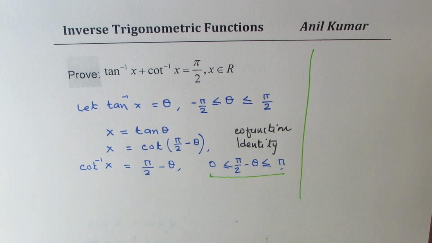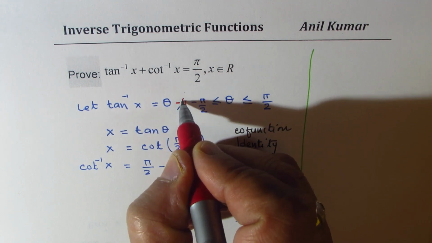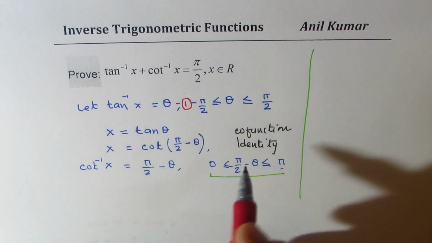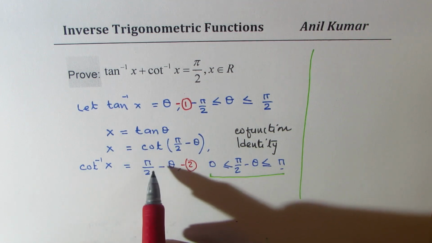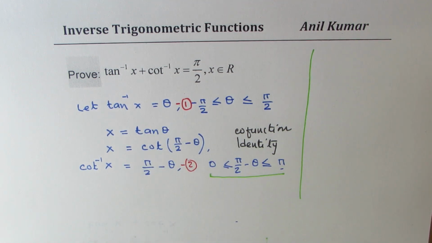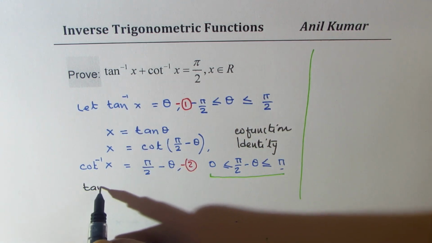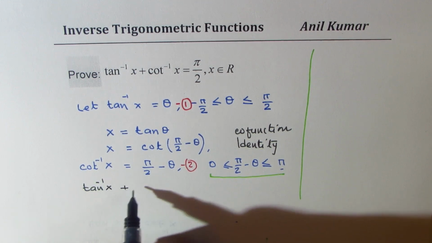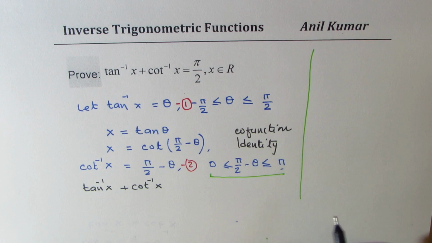Now, since we know from here, one, we said tan inverse x is theta. Two, we have shown that cot inverse x is pi/2 minus theta. So if we substitute these values in our original equation, which is tan inverse x plus cot inverse x, what do we get?